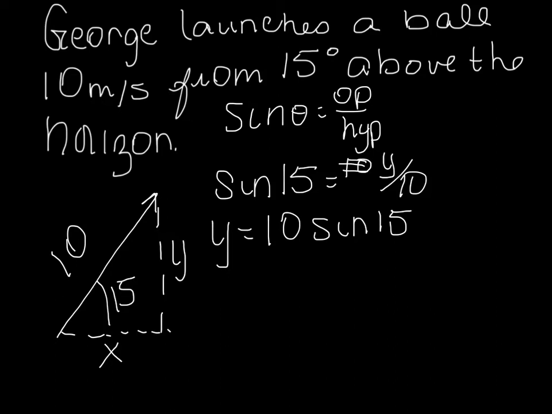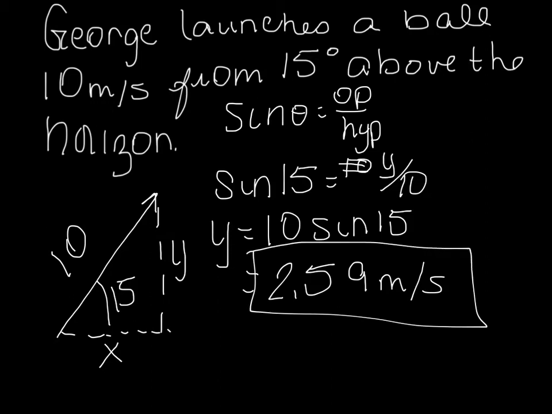So now I've got it set in degrees. If you did this and you got 6.5, that's wrong, you have it set in radians. The answer in degrees should be 2.59 meters per second. So that is our y component for the velocity.